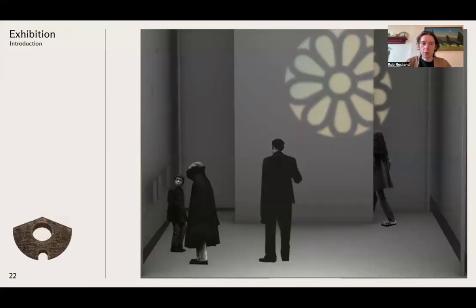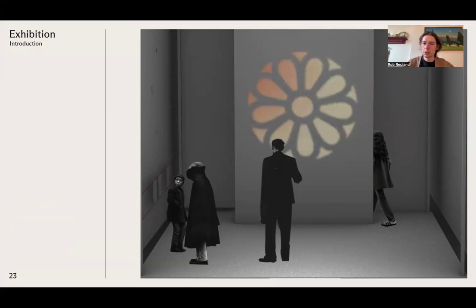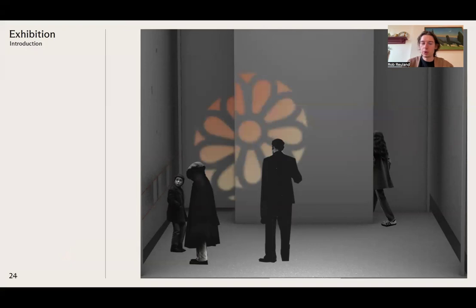The first experience you will see in the introductory area is this projection of the light of the rose window, which was actually stolen in the last 30 years. So it was a recent theft, along with some other architectural details. And this introductory experience shows the passing of light and is a provocation on the missing elements of this church.